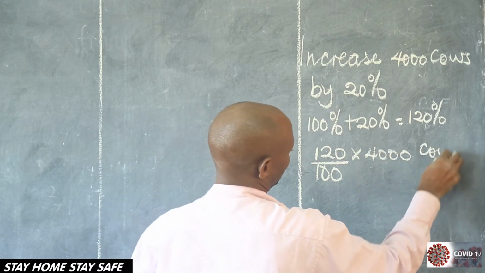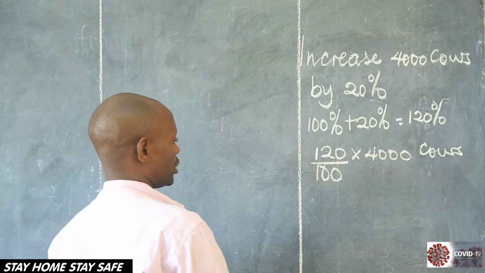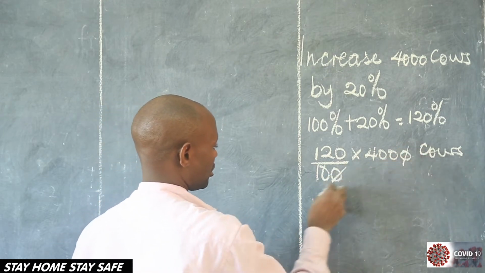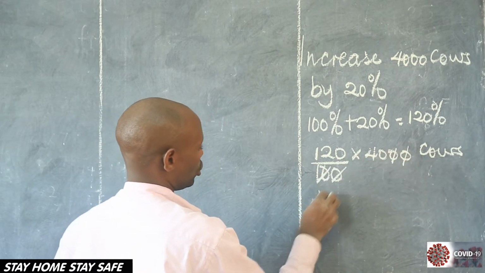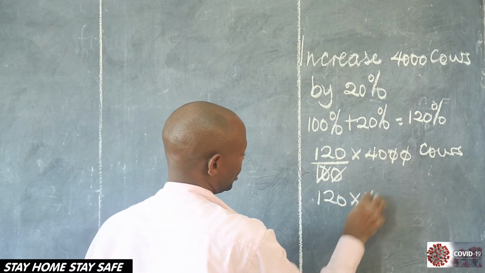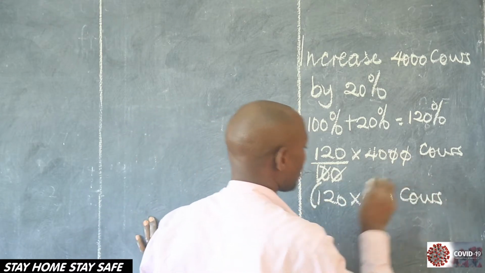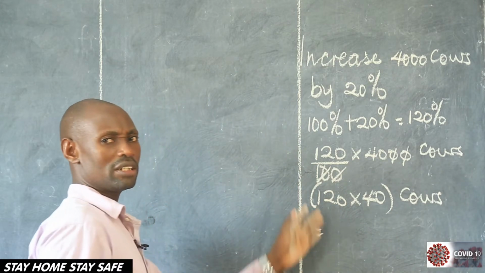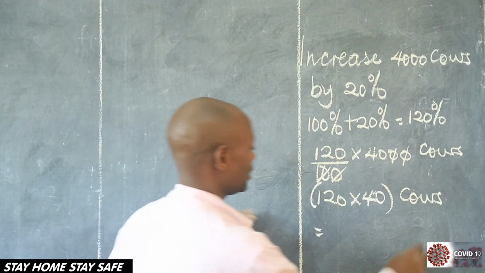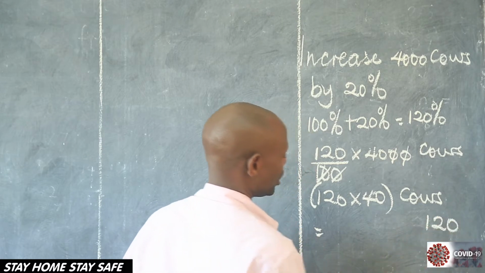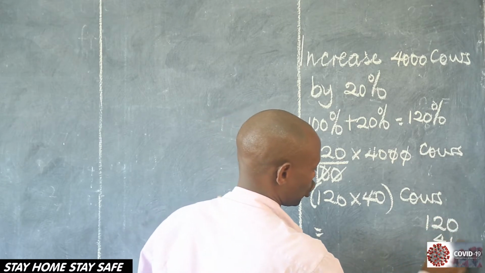And these are cows. Reduce a 0 by 0, a 0 by 0. So we have 120 times 40. Then you arrange vertically and multiply.